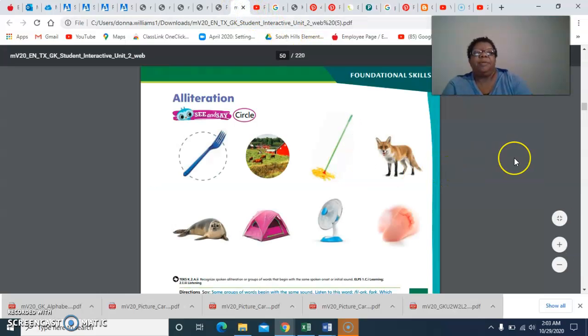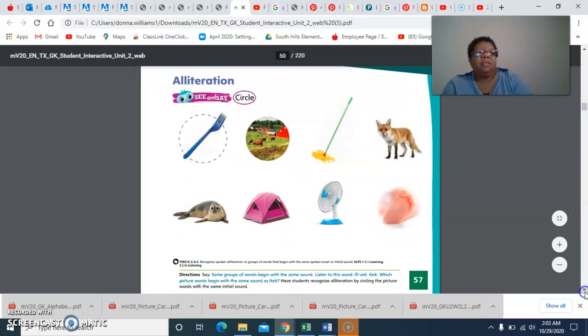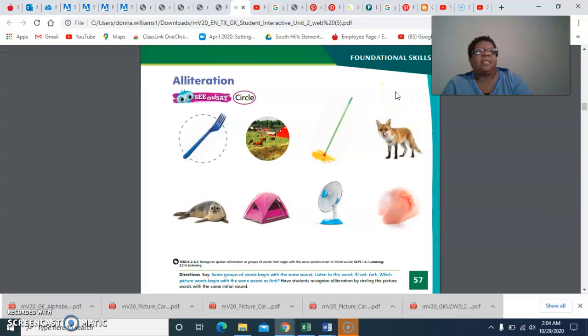Next in your workbook, you're going to be on page 57, and you have pictures, and you're looking for the sound, which is letter F. So let's see what we have. Farm, mop, fox. So which pictures have the sound?